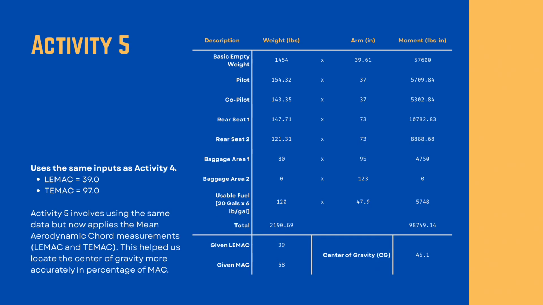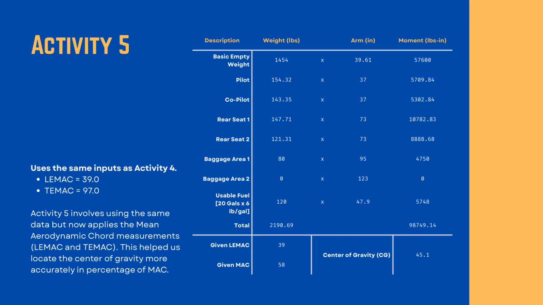For our activity 5, we use the same data from activity 4, but we also apply the mean aerodynamic chord, or the MAC. The LEMAC is equivalent to 39 inches and the TEMAC is equivalent to 97 inches.